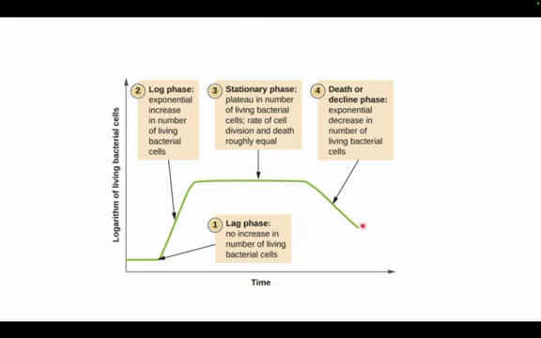Obviously, if we want to do anything with the bacteria, say we want the bacteria to express our protein, then we would want it to take place in the log phase. This is where the bacteria are healthy, dividing, and growing well, and not facing any nutrient scarcity. So normally, if you are going to induce the culture to produce a protein, you will do it somewhere here in the log phase.